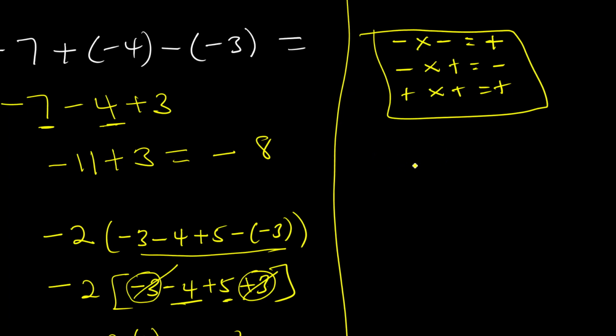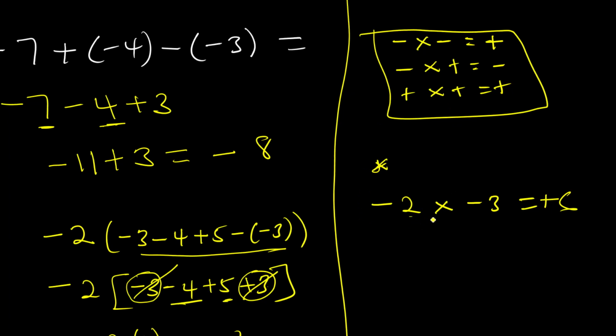So let's deal with this one. -2 times -3: minus here is plus, so 2 threes are 6, so this one is plus 6.